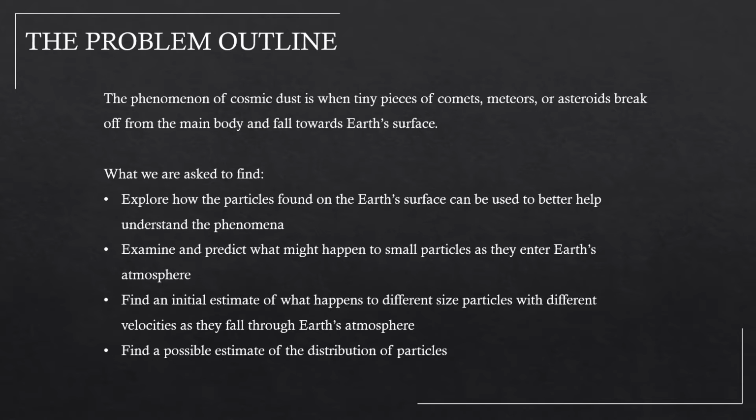We want to examine and predict what might happen to small particles as they enter Earth's atmosphere. We want to find an initial estimate of what happens to different sized particles with different velocities as they fall through Earth's atmosphere, and then finally find a possible means of estimating the distribution of the particles.